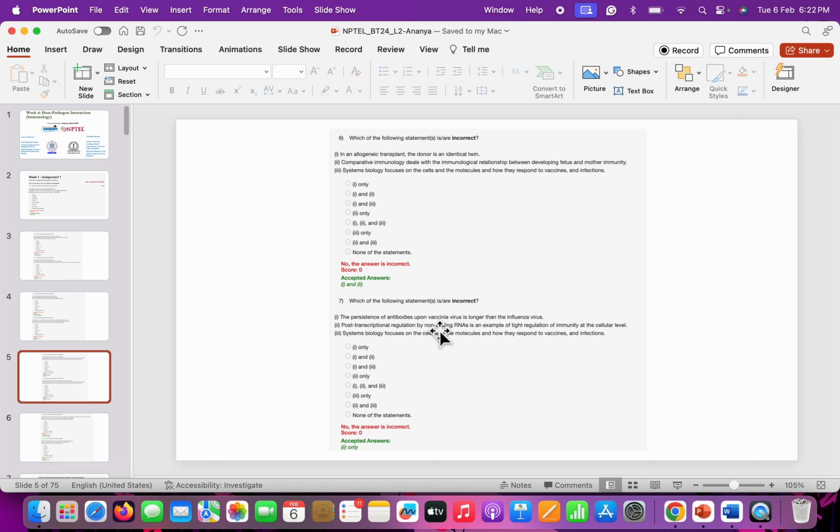Post-transcriptional regulation by non-coding RNAs is an example of tight regulation of immunity at the cellular level. No. Systems biology focuses on the cells and molecules and how they respond to vaccines and infections. Yeah, this is true. So the incorrect option is post-transcriptional regulation by non-coding RNAs is an example of tight regulation of immunity at the cellular level.